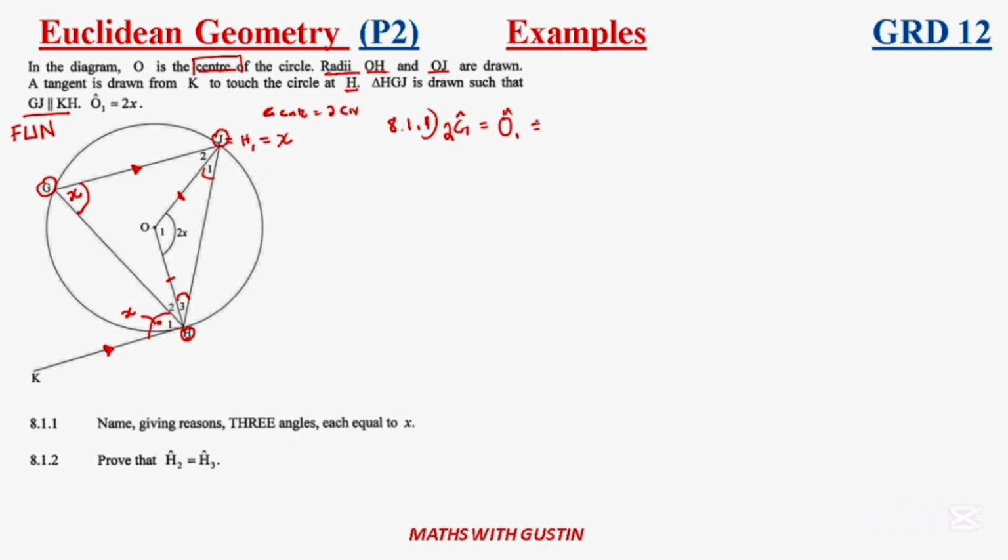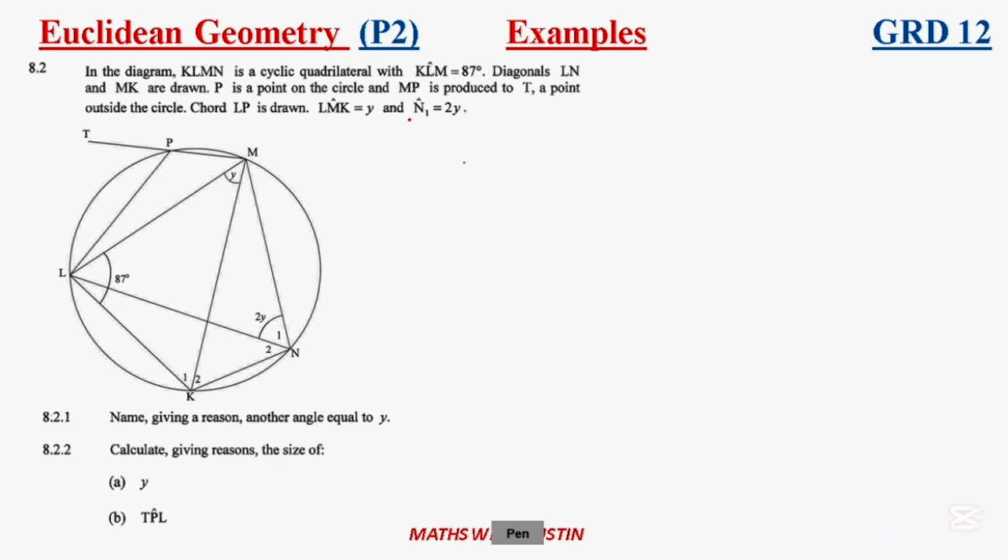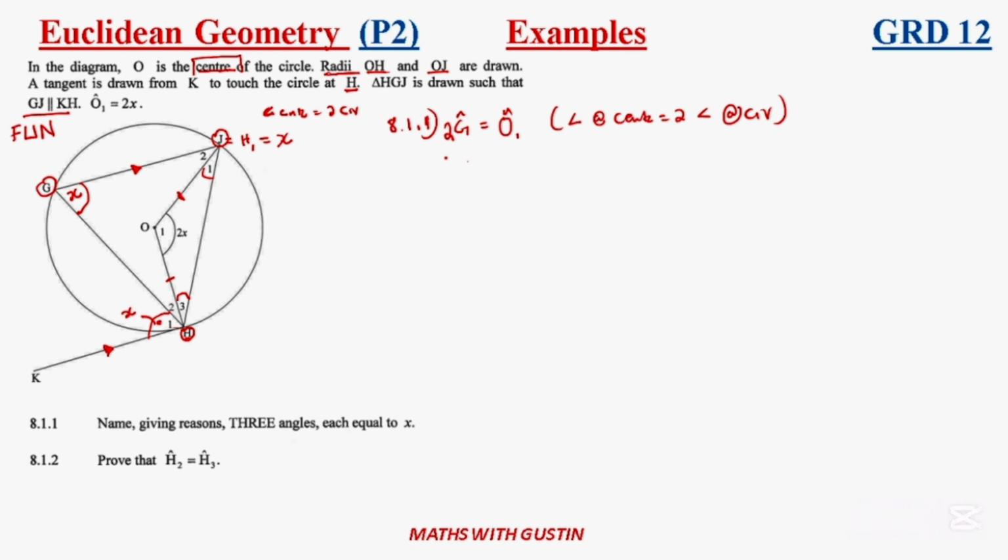And our reason here will have to be angle at the center is twice angle at the circumference. So therefore we already know, oh, excuse me, sorry, you go back, you already know what is the angle here.